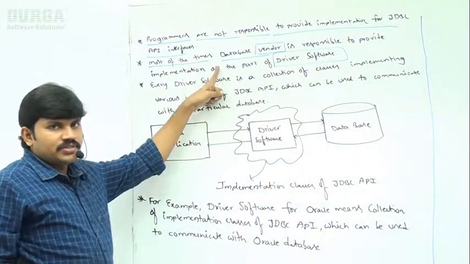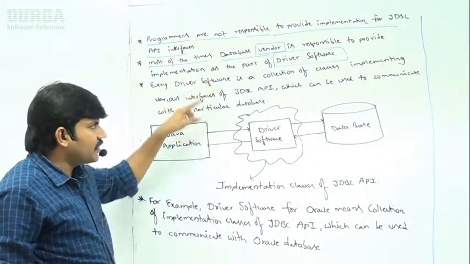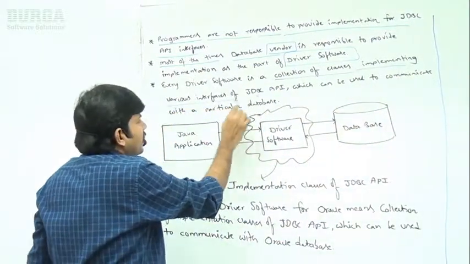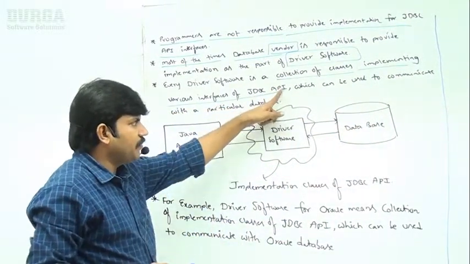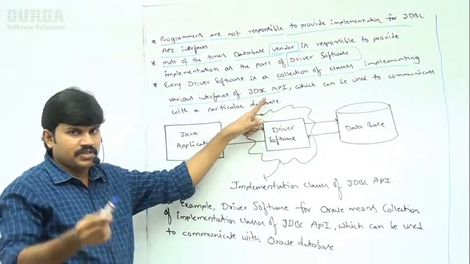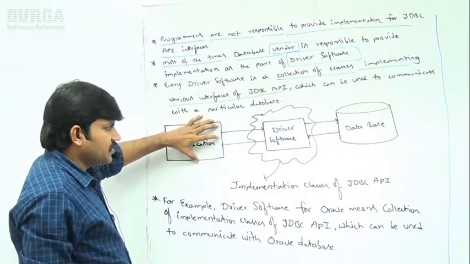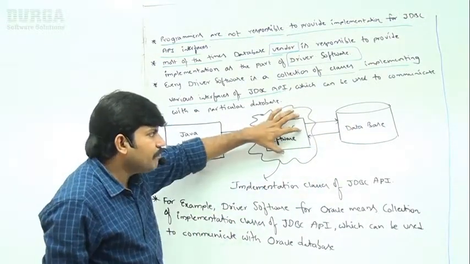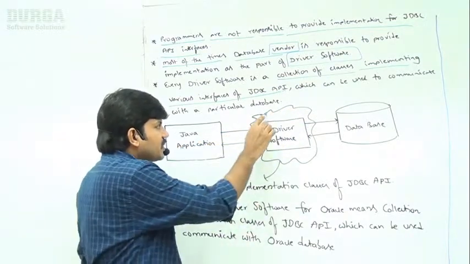Sir, now it's very clear: every driver software is a collection of classes implementing various interfaces of JDBC API, which can be used to communicate with a particular database. Very simple. Java application is there, database is there. To communicate with the database, compulsory some concept is required. What is this concept, sir?